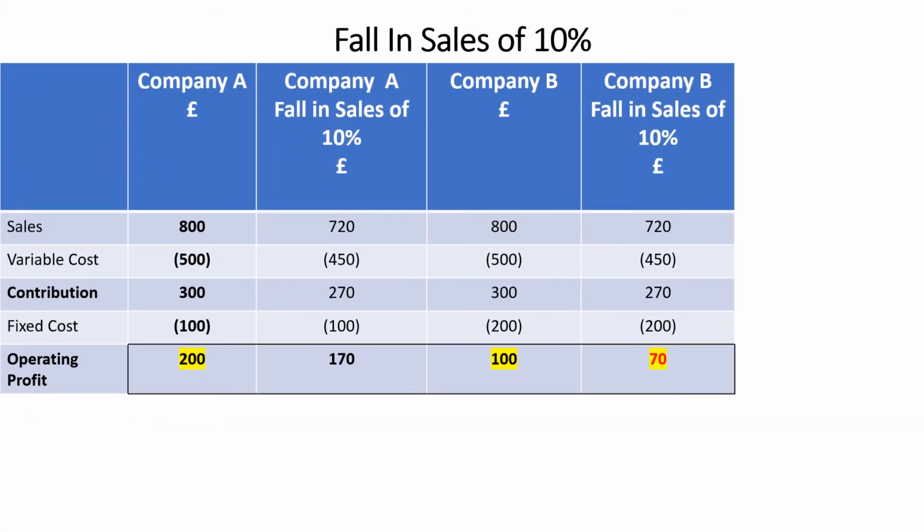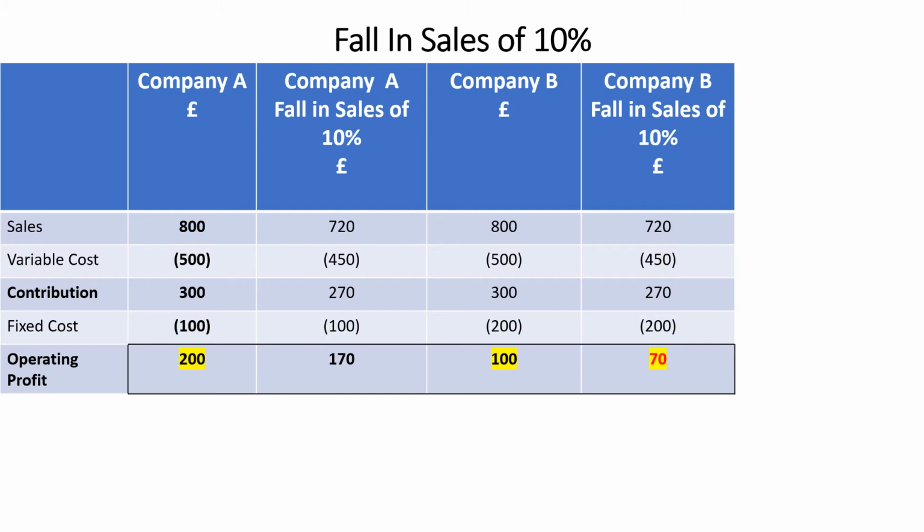Let's analyze a fall in sales of 10% for Company A and Company B, and the result in terms of operating profit.